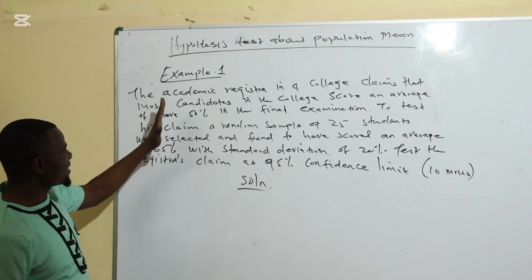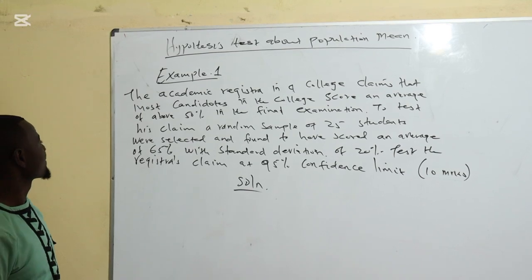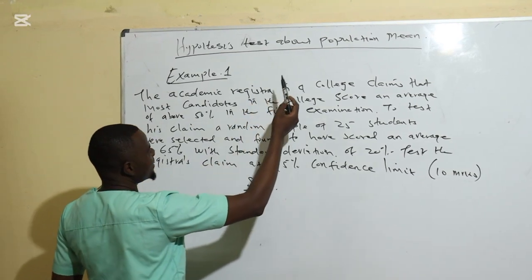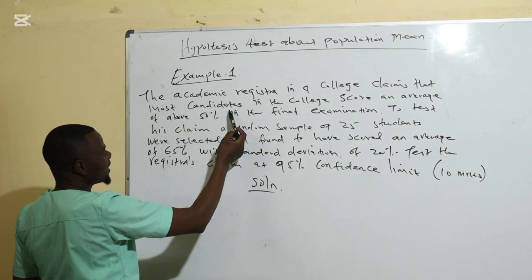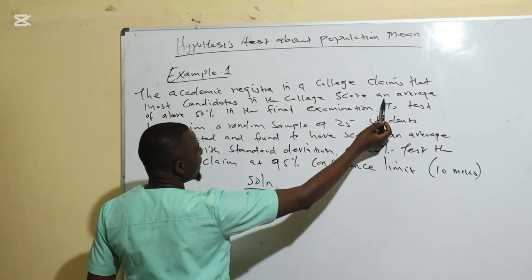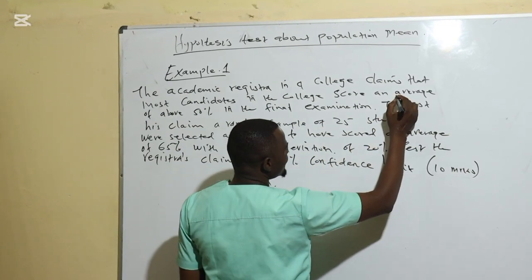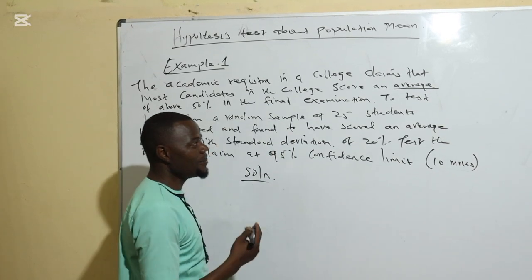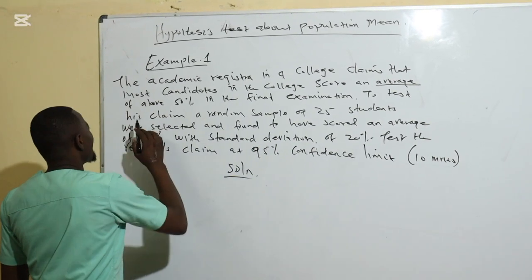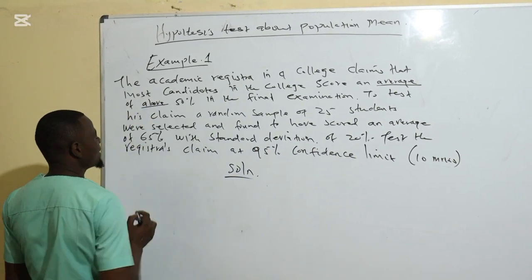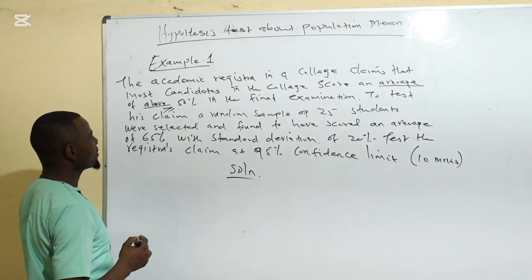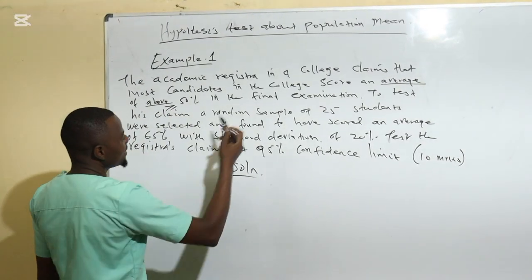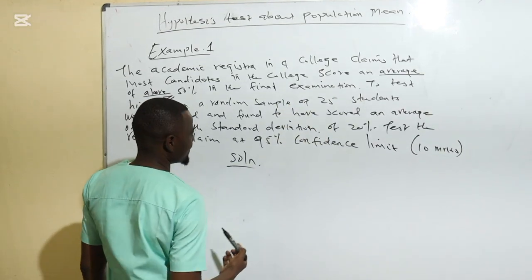Now let's look at our example 1. The academic registrar in a college claims that most candidates in the college score an average. Remember, the term here is average. Average is mean, of above 50. Above, that means greater than or equal to 50 in the final examination.